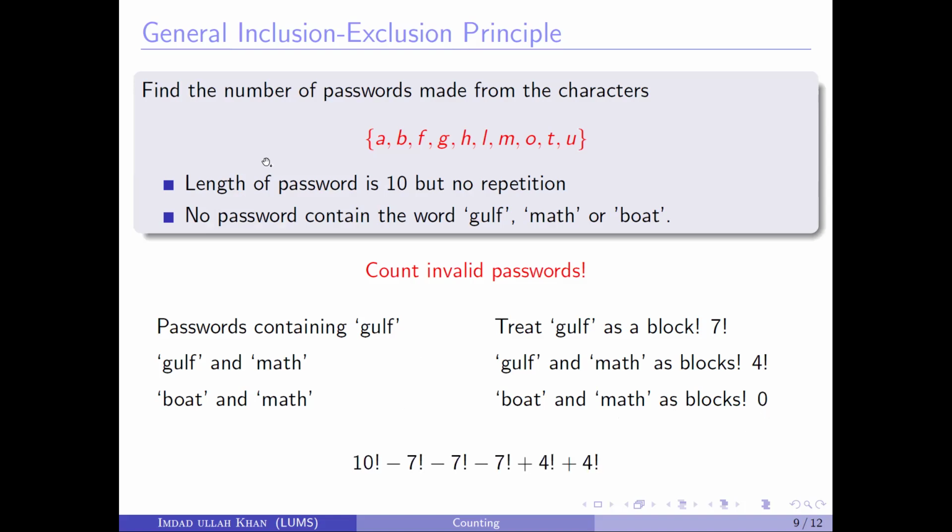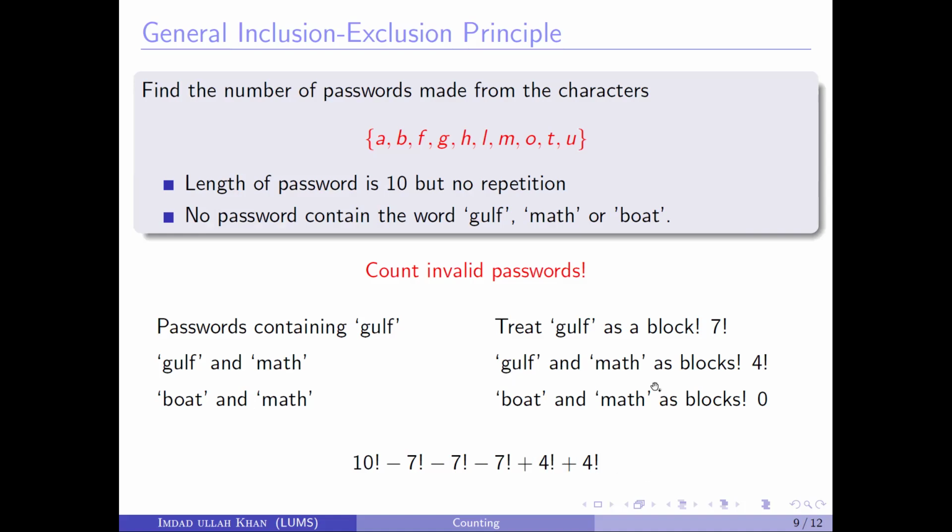So we applied the inclusion-exclusion principle. The total possibilities were 10 factorial. We can generate all possible passwords of length 10 with no repetition. And then we discount those three different kinds of counts, which ended up being 7 factorial, because 7 factorial is the number of passwords which can contain golf, another 7 factorial for the passwords which contain math, the third 7 factorial for the passwords which contain boat, and then we are putting back the 4 factorial.